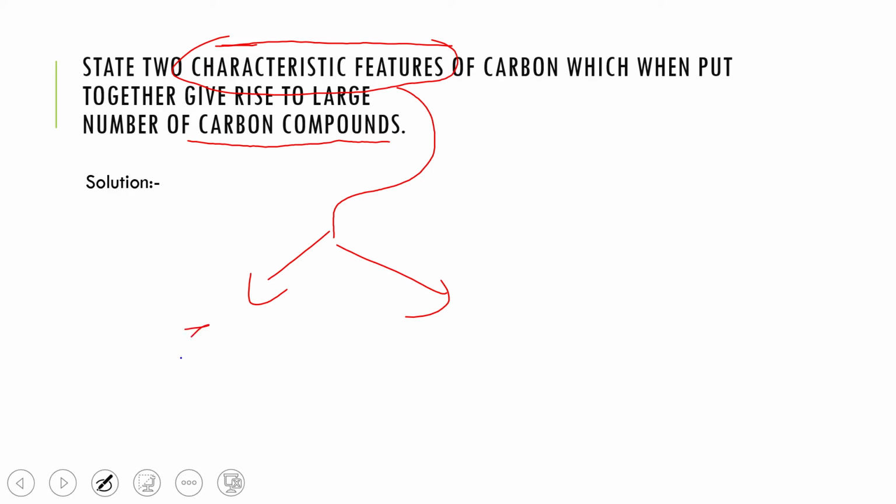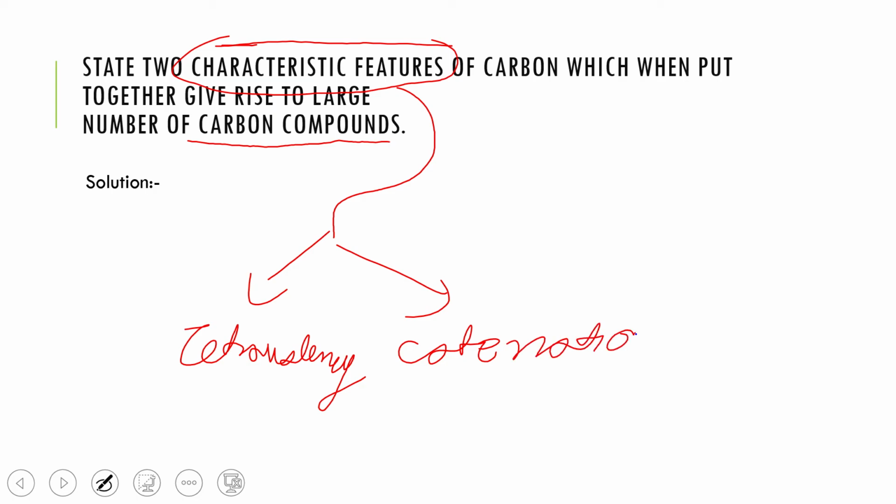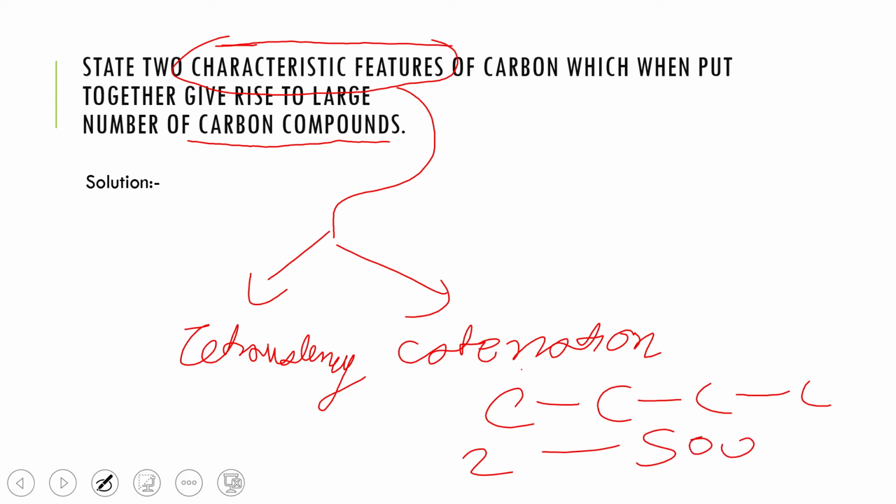One is tetravalency, other is the process of self-linking to form chains, that is catenation. Catenation means carbon can make bonds with itself from 2 to 5,000 carbon chains. Yes. Tetravalency means 4 valence electrons.